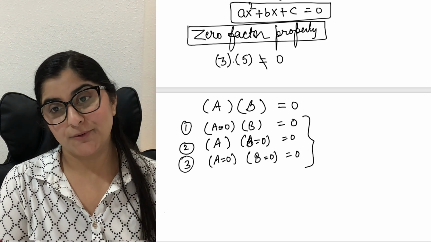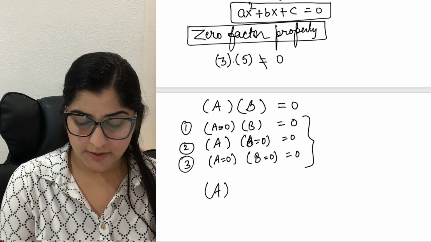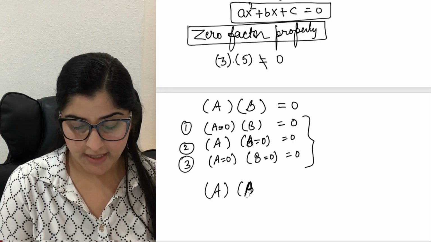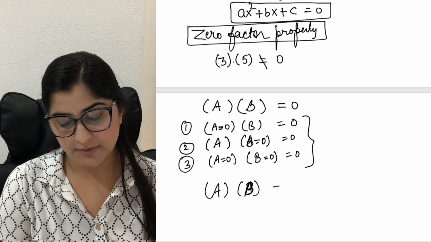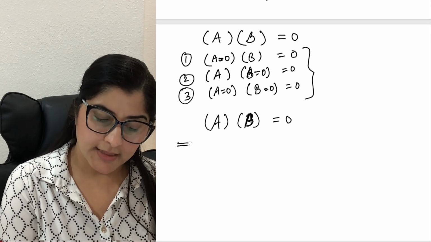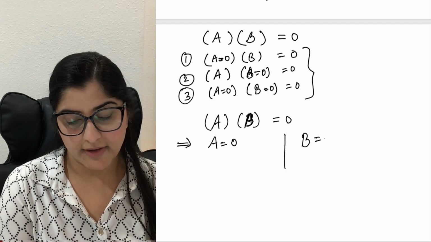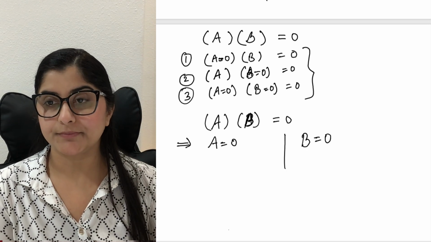So this is the zero factor property. It says if the product of two factors a and b is 0, this implies that either a is equal to 0 or the factor b is equal to 0.